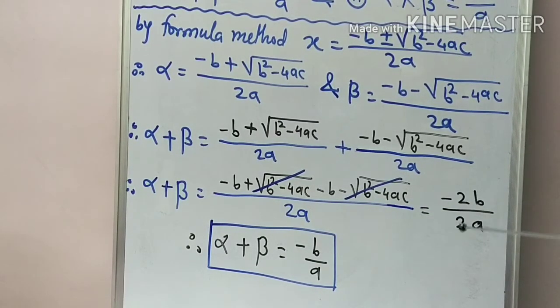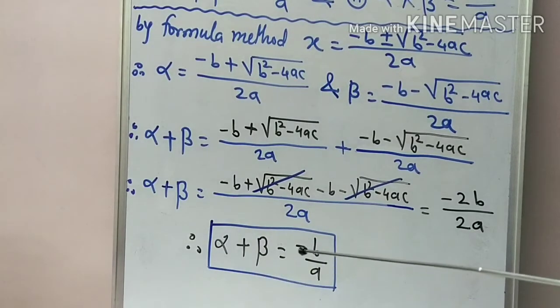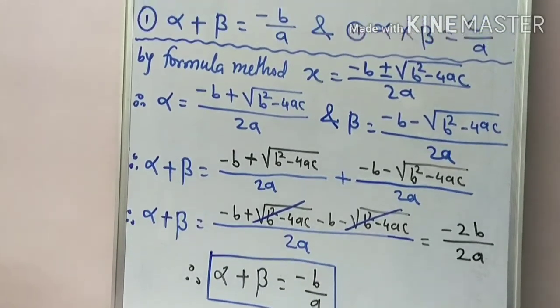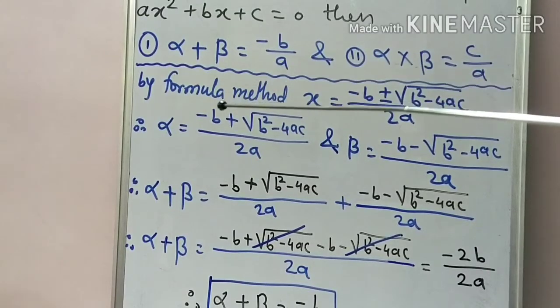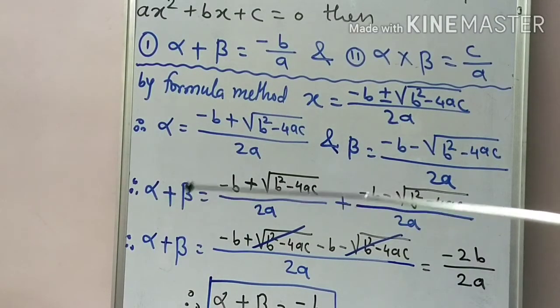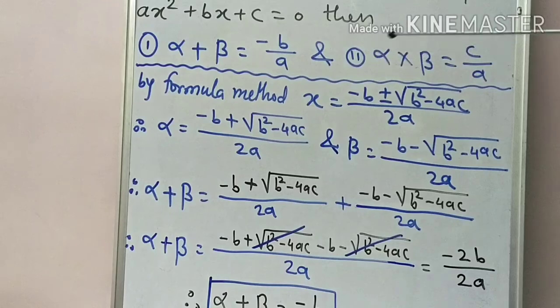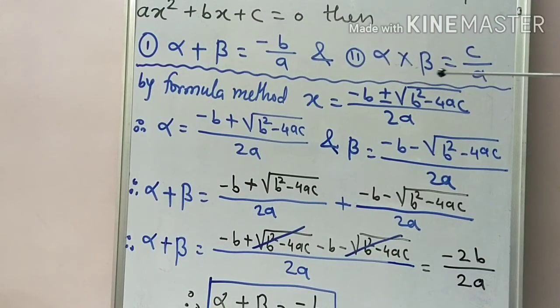Here again the 2 eliminates, so alpha plus beta equal to minus b upon a. Similarly, as you do the product of the two roots, you get alpha into beta, the relation with the coefficients, as c upon a.